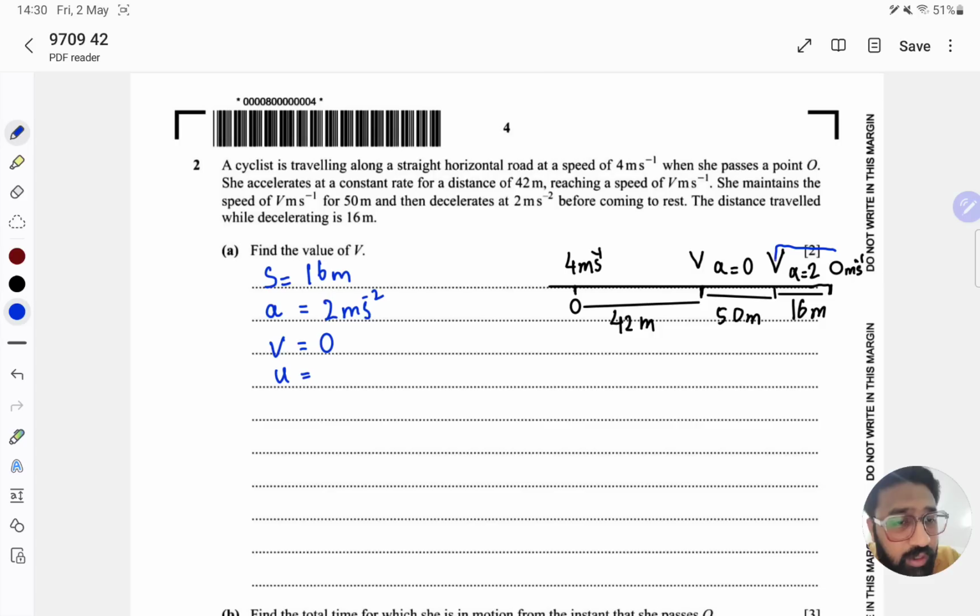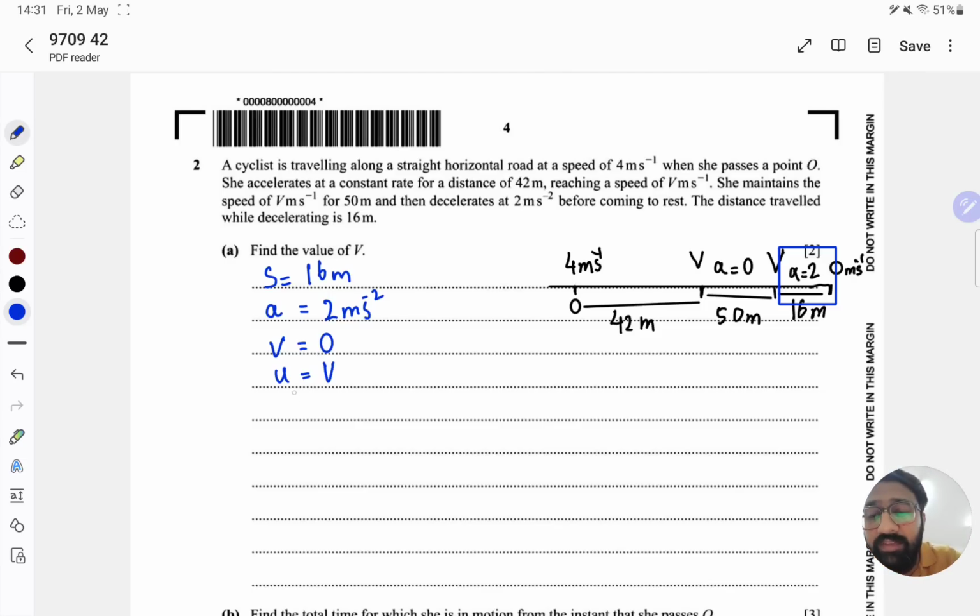I'm talking about this part of the journey. So final speed is 0. The start speed for this portion of the journey is v. So let me write it v over here. We are supposed to find the value of v.